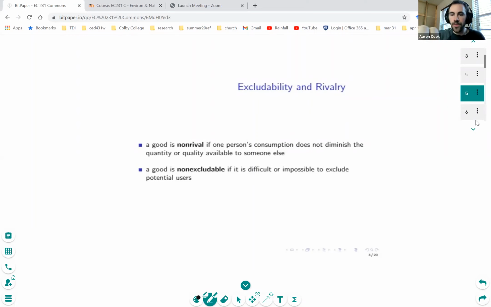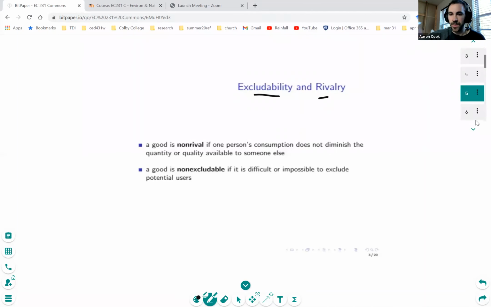We have these two properties, excludability and rivalry. Those are two dimensions of a good which matter for how that good gets managed. Rivalry has to do with whether or not your consuming the good diminishes the quality for other people.